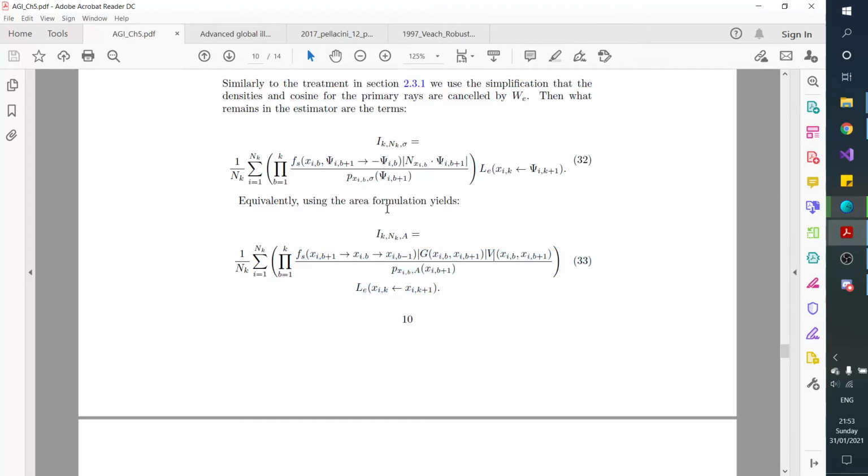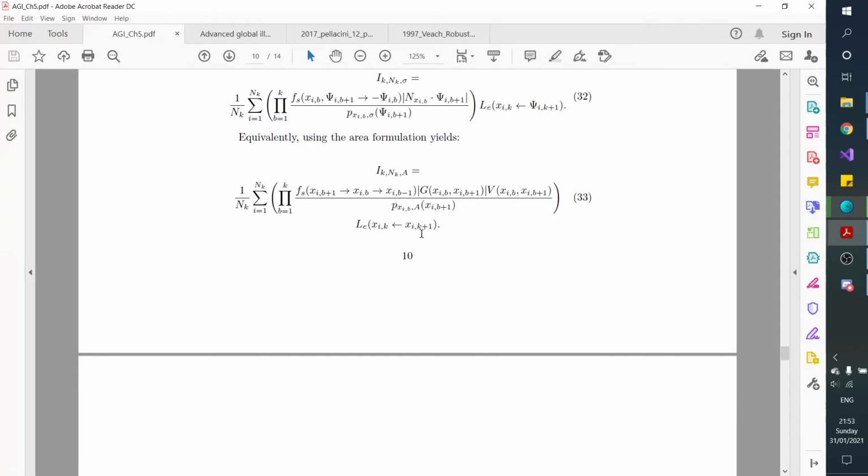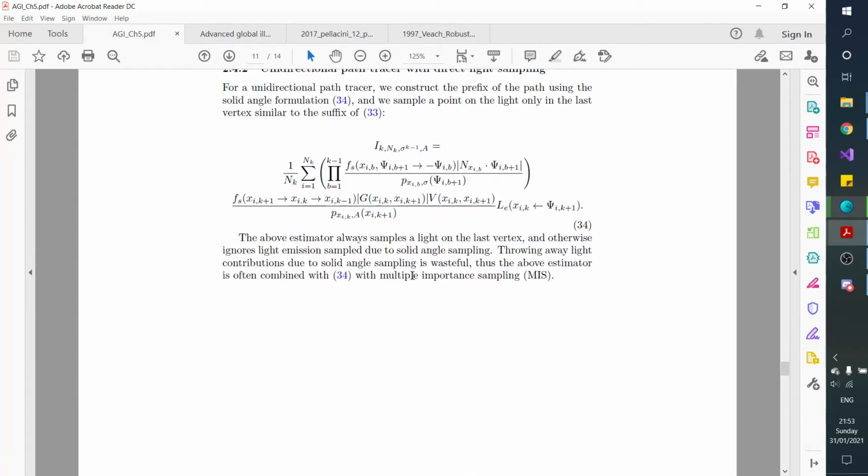So this is only solid angle and this is only area formulation. What you can do is mix and match, so some bounces can be solid angle and some bounces may be area formulation. What's usually done in practice is you do the first bounces using solid angle sampling or BSDF sampling, and then at the very last vertex you just connect to the light source directly so you don't miss it.